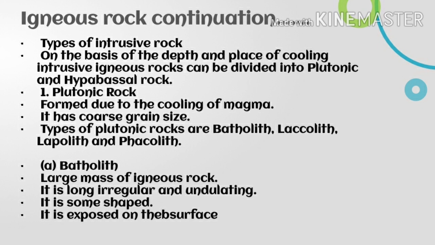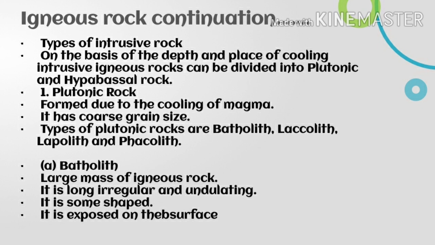Plutonic igneous rock is actually very coarse grained. Okay, the size of the grain is coarse. That's because it is formed at great depth, and the cooling and crystallization has occurred very slowly. That is why the coarseness of the grain is present in the plutonic igneous rock. The plutonic igneous rock can again be divided into different types according to the depth at which it is found.